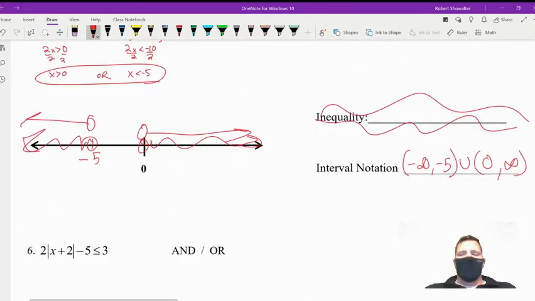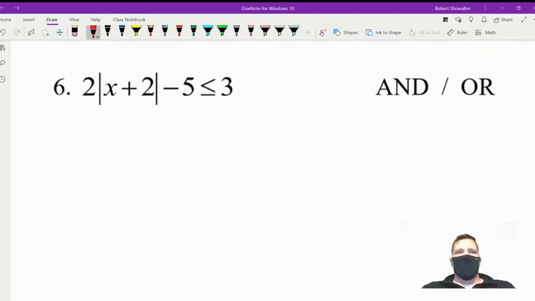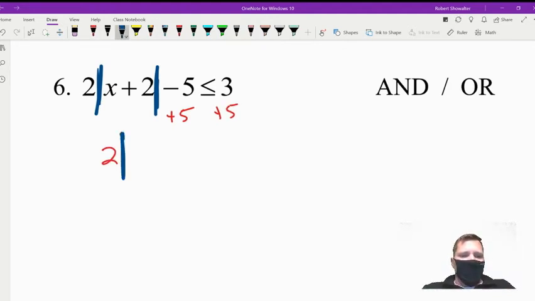All right, now, another scenario. Don't make the determination whether it's and or or until the very end, until you isolate that absolute value. In order to identify which one is the absolute value, just give it a mark, say that's where the absolute value is. Now we need to dig that out. Add 5, 2 absolute value bars, remember?